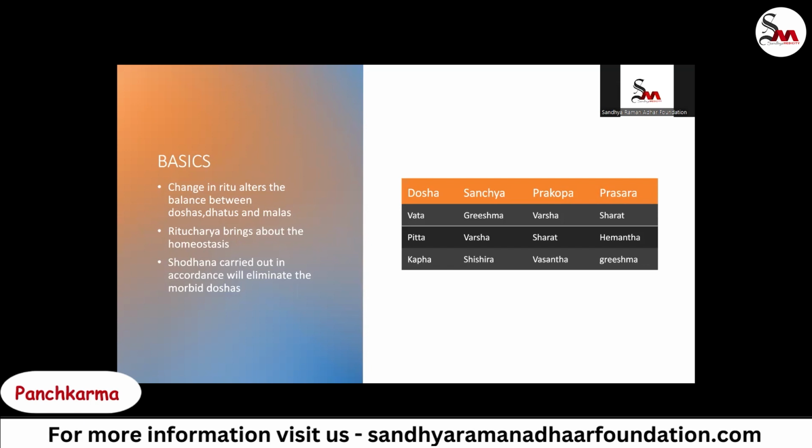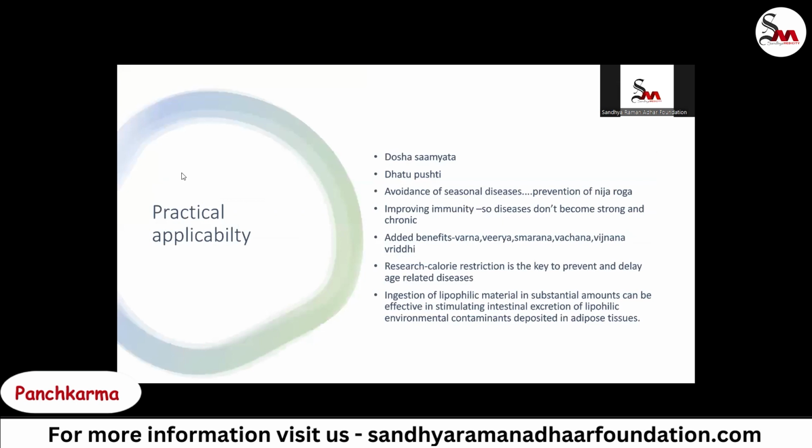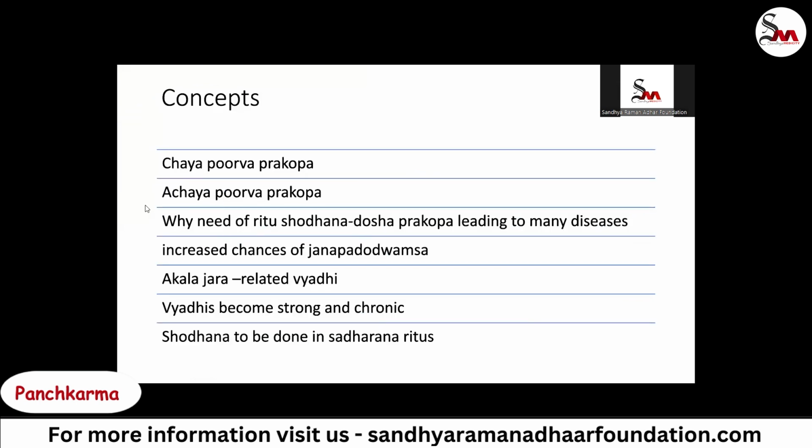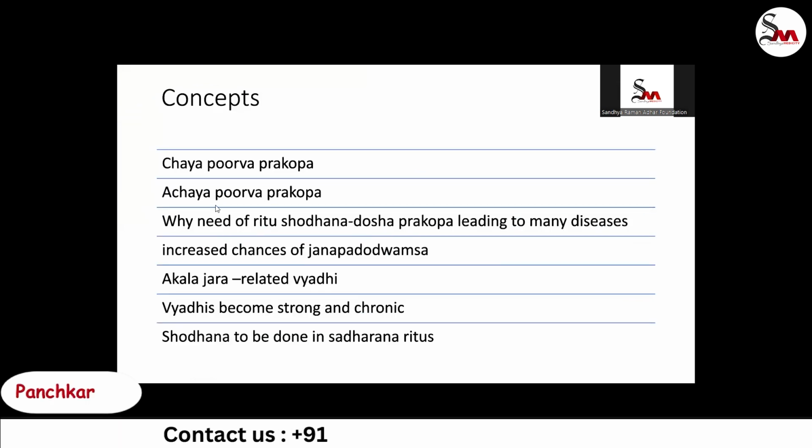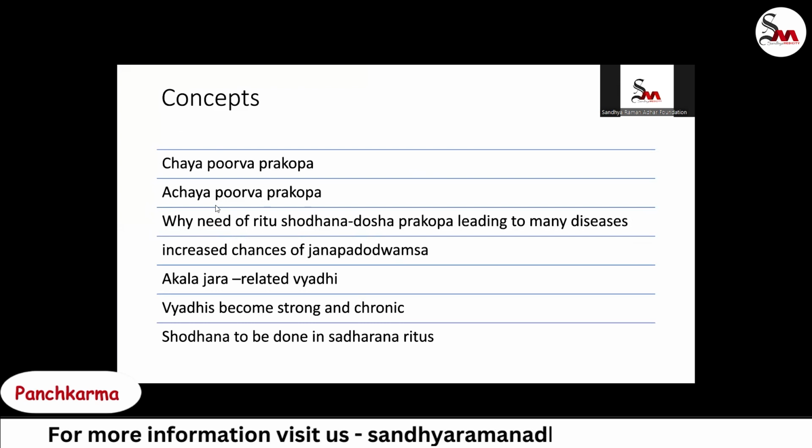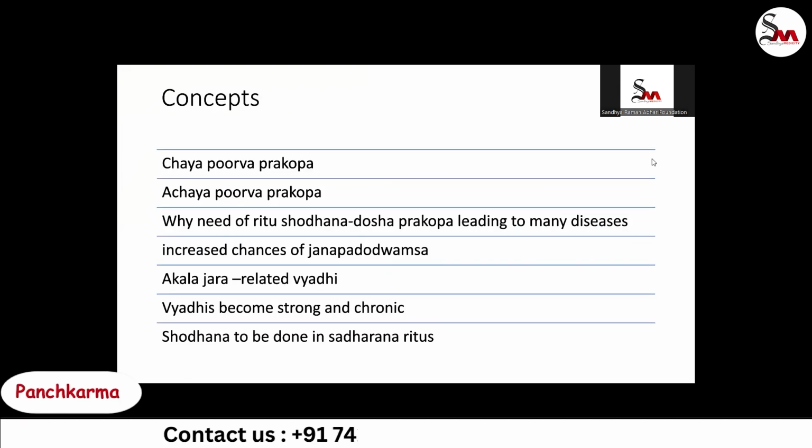Okay, let's go to the next topic, as I explained, Chayapurvaka in need of Shodhana. If we do this Rutu Shodhana, is it not enough? It is enough. But this dosha prakopa causes many diseases.